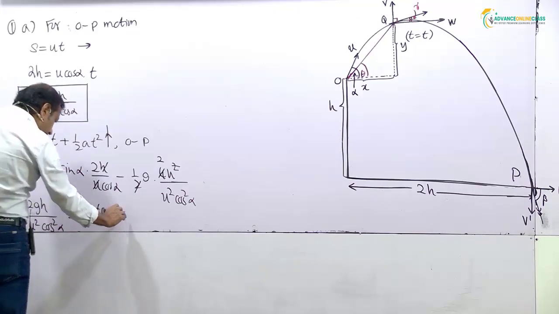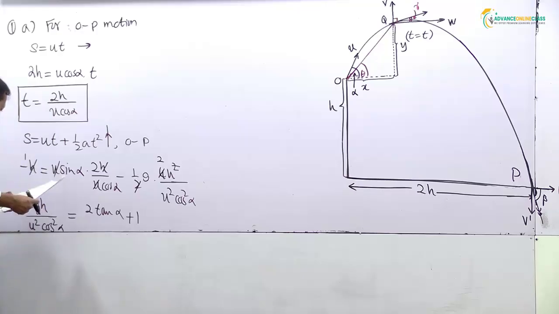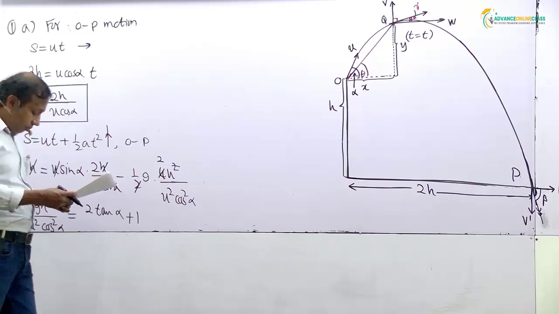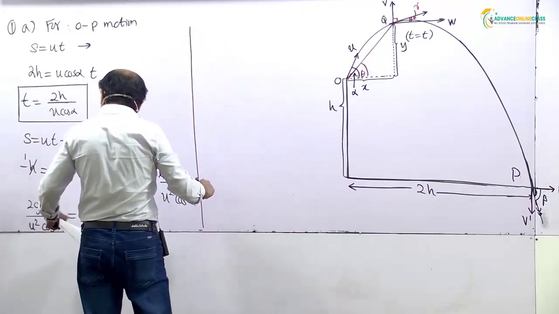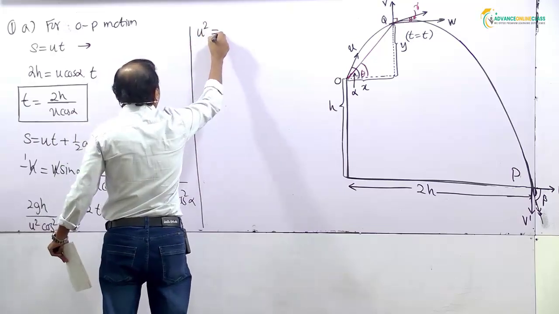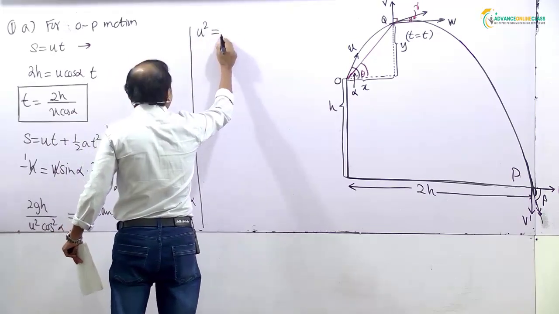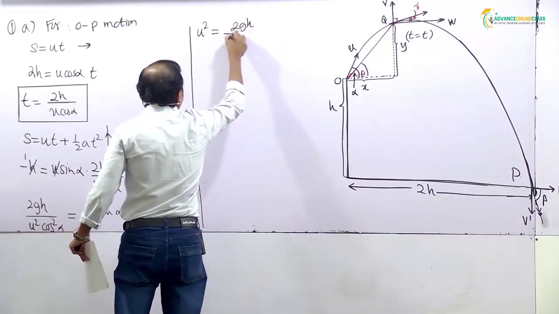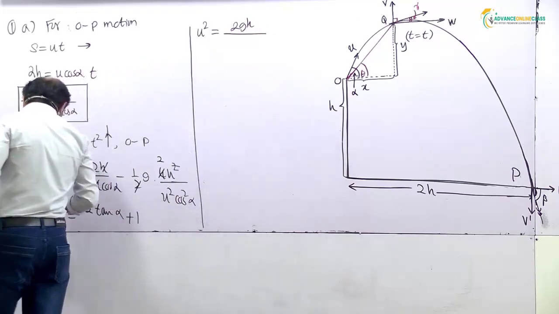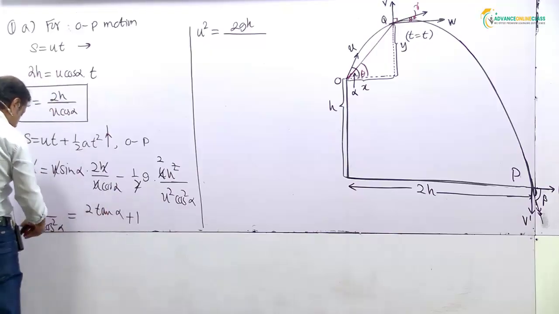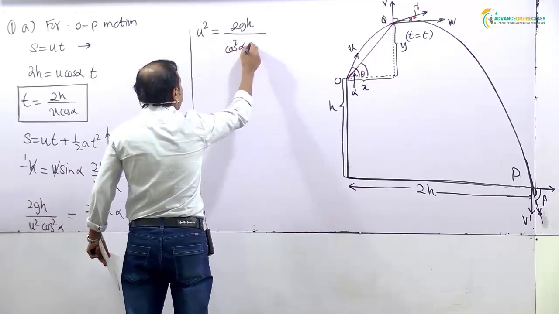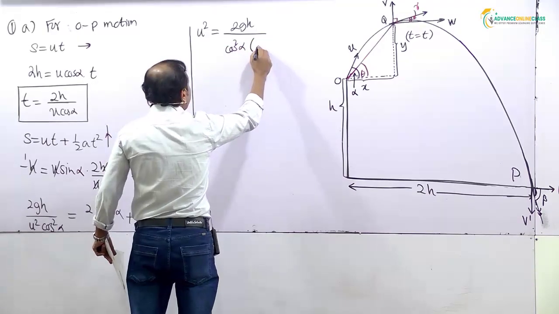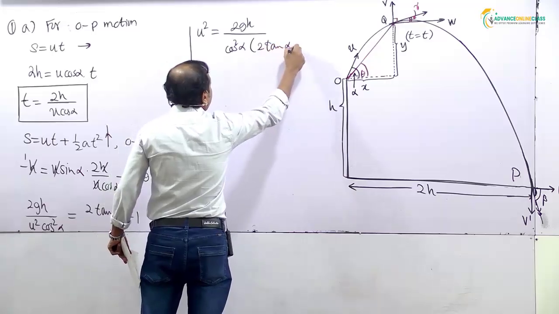Take this minus 1 to the right hand side as plus 1. Then bring this here, u squared here. Then we get u squared equals 2gh, cos squared alpha, over 2 tan alpha plus 1.